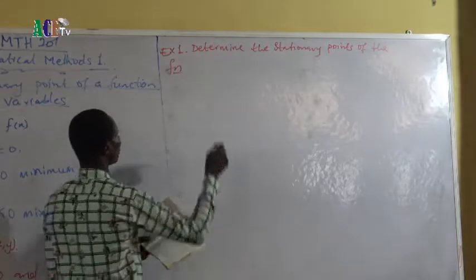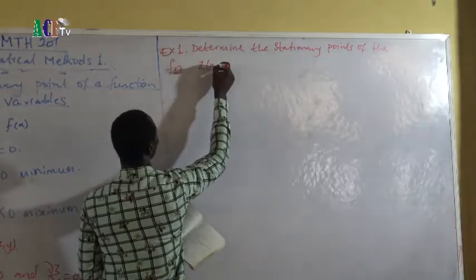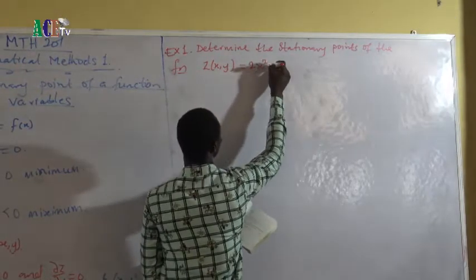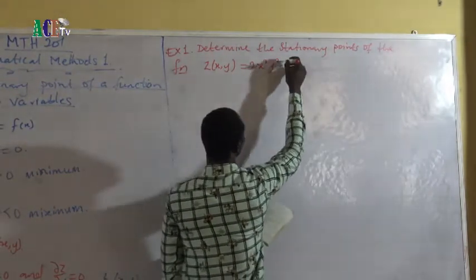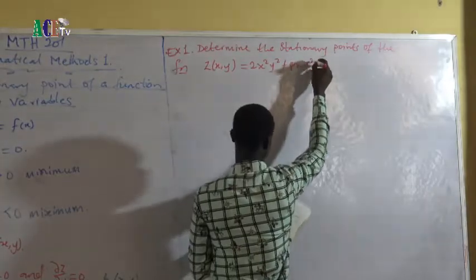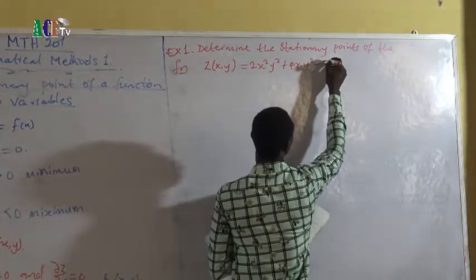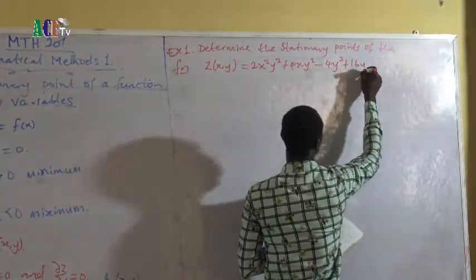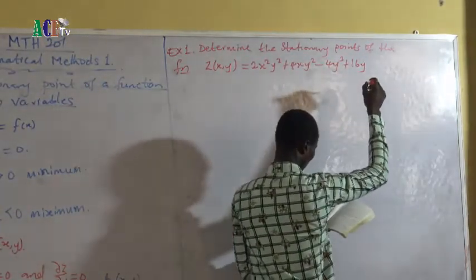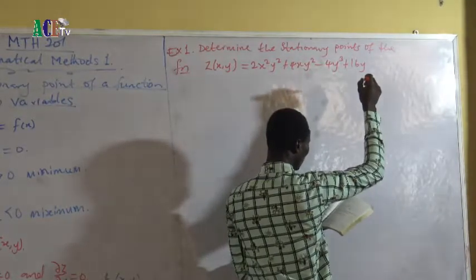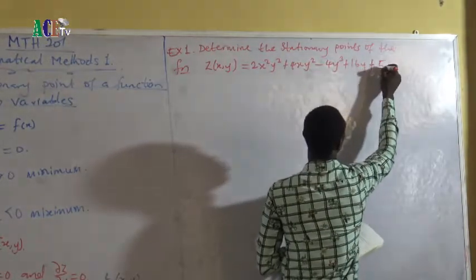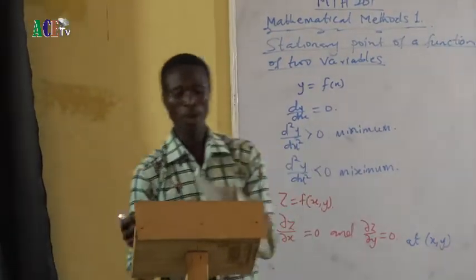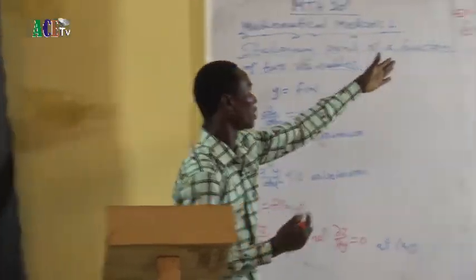Establish the stationary point of the function z of x comma y is 2x squared y squared plus 4xy squared minus 4y raised to power 3 plus 16y plus 5. We want to determine the stationary point of that function.